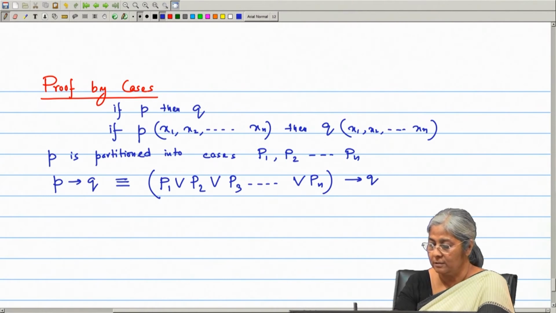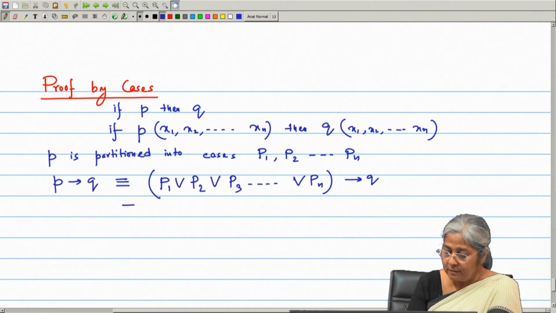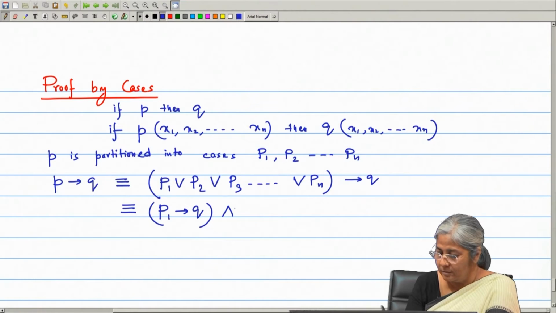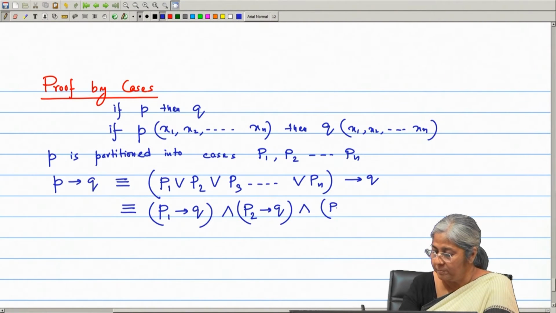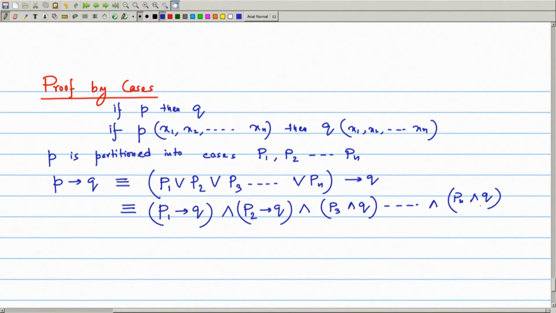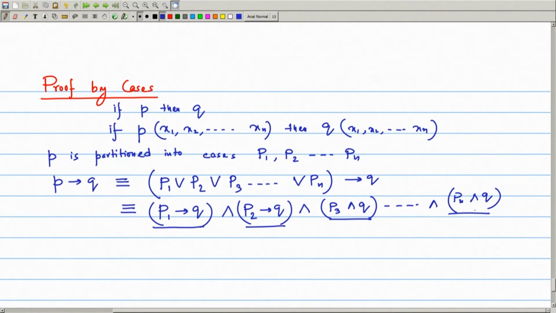So, this is P, and whether this implies Q is equivalent to P1 implies Q and P2 implies Q and P3 implies Q, like that, Pn implies Q. So, these are considered as the different cases, and if I can prove each of them, then we can tell that this is actually proved by cases. Okay. Now we take one example.